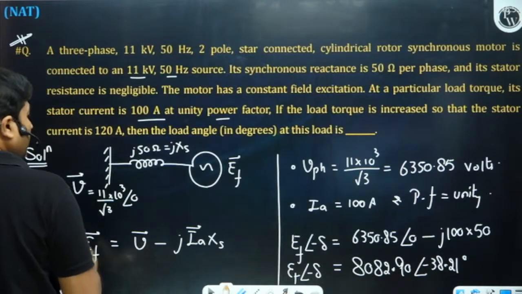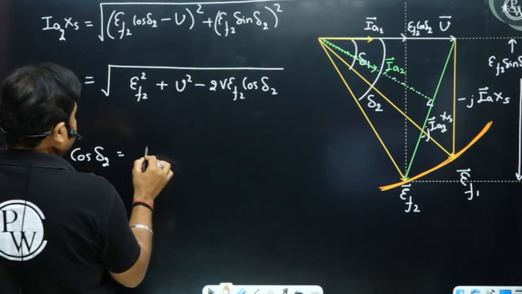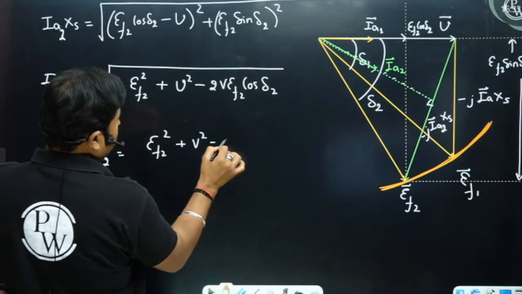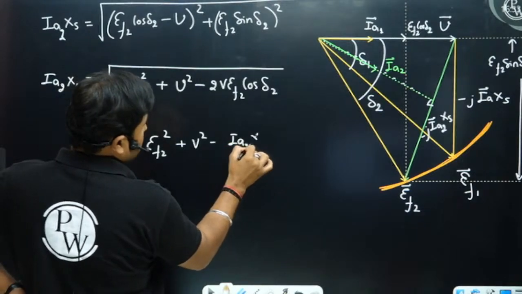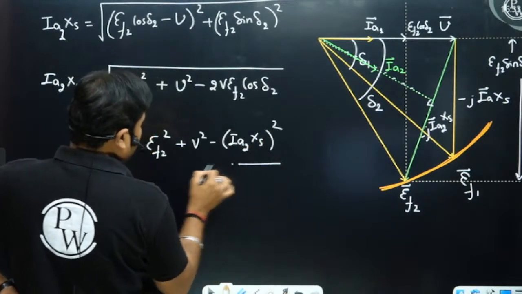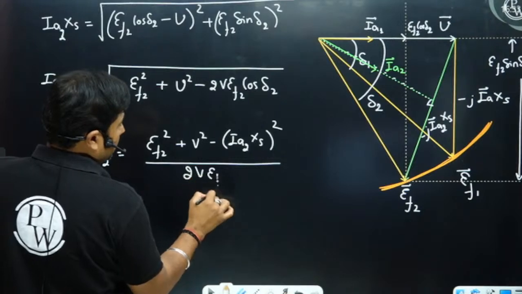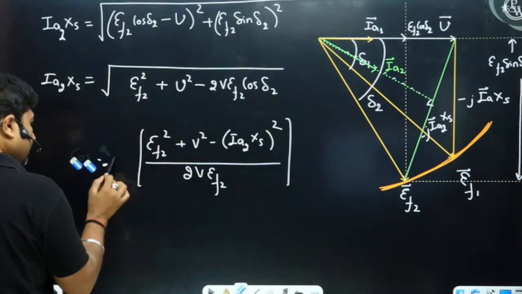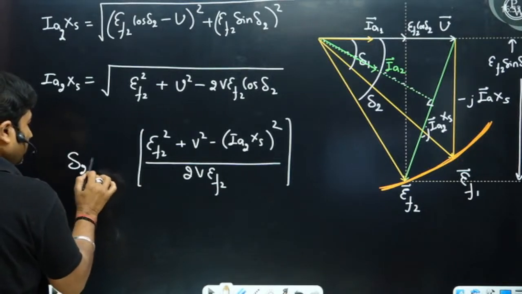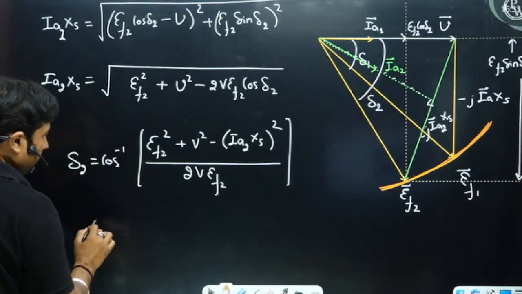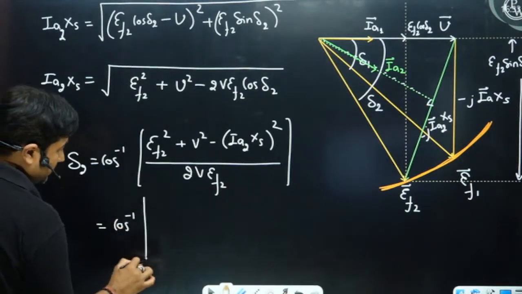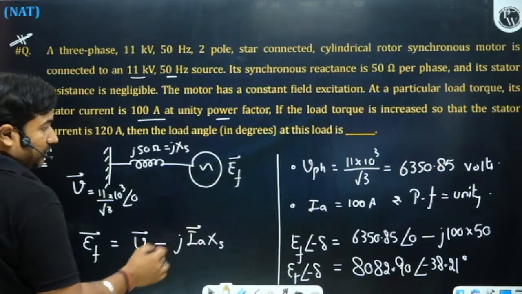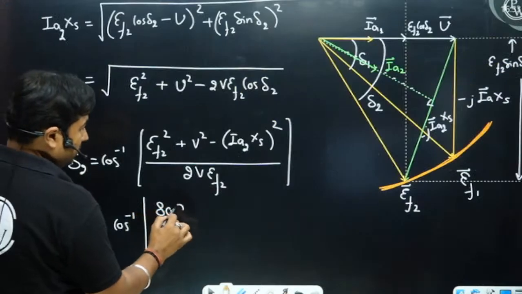It means the new load angle you can calculate. So what will be your new load angle? cos delta 2 will become EF2 square plus V square minus IA2 Xs square, upon 2 V EF2. Even you can calculate delta 2 directly. This is the load angle equation. So cos inverse. What is EF2? EF2 magnitude is equal to EF1, 8082.